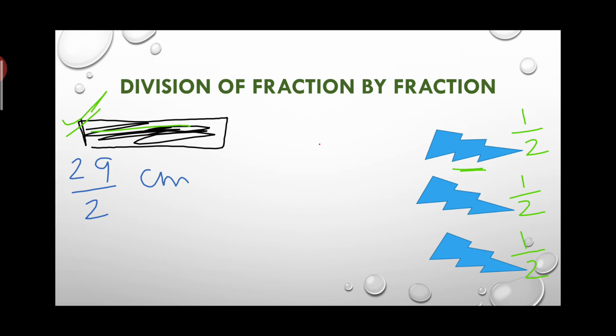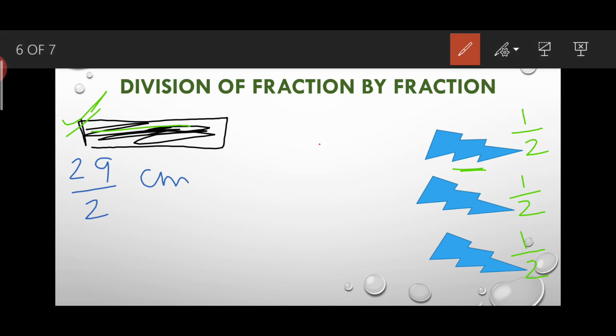So for this what you have done till now, you have divided this paper into half-part designs. So if you divide the paper by half, you will get the number of designs that can be cut out.